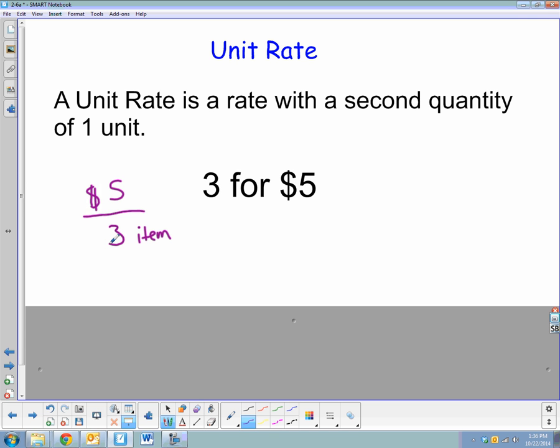Now, 5 divided by 3, again, it's money, so we have to estimate a little bit. I'm going to get 1.6 repeating, but it's money, so I have to round a little bit. It's $1.67 per item.